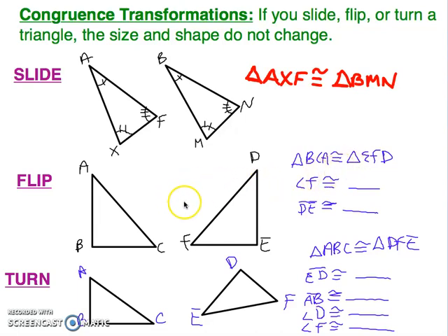So we can put congruent marks here at B and E. C is written second and F is written second, which means that angle C and angle F have to be congruent. So we can put our marks there.